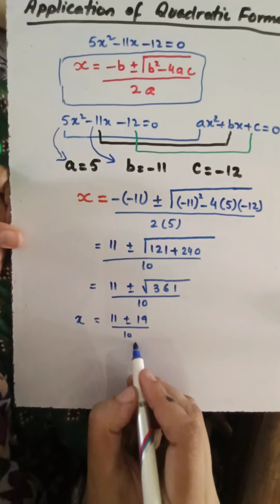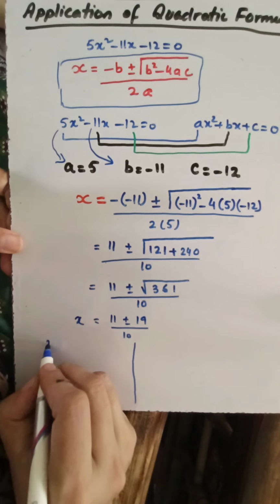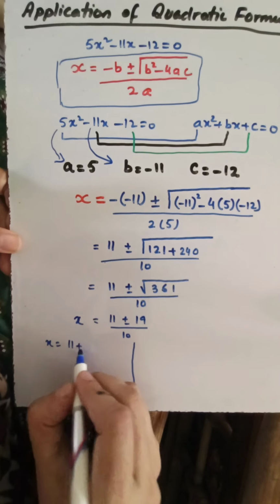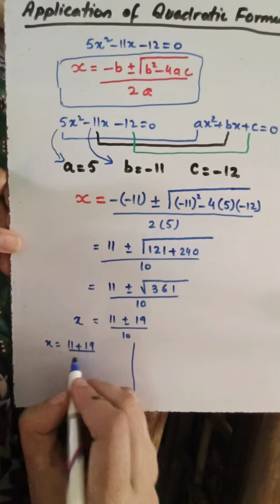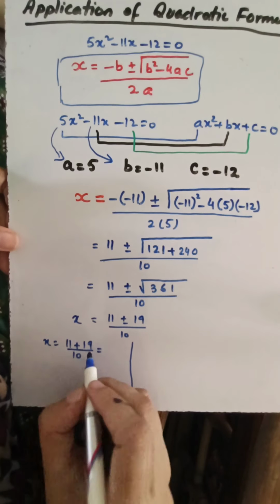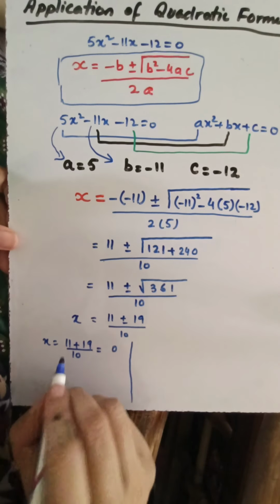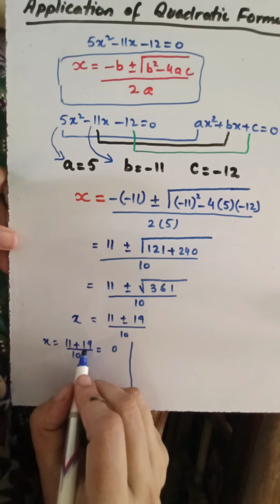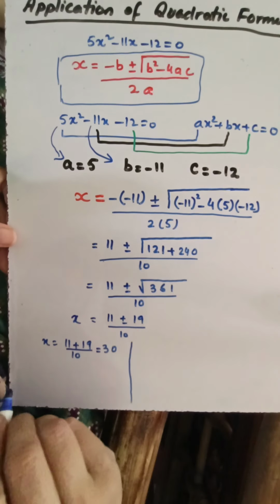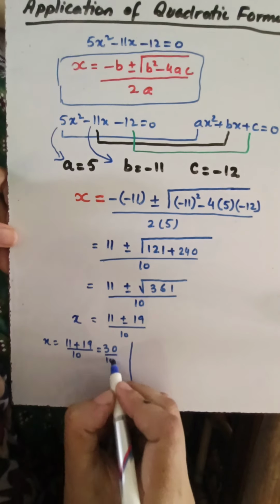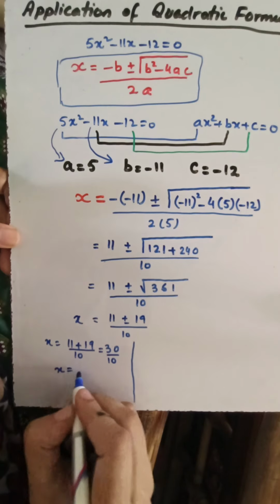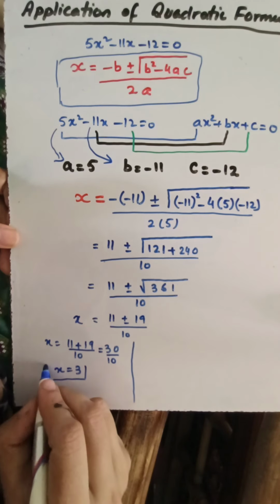So first we are going to put x is equal to 11 plus 19 over 10, which will be equal to 30 by 10. So the value of x will be 3 over here.